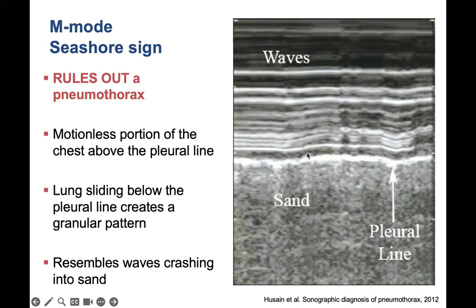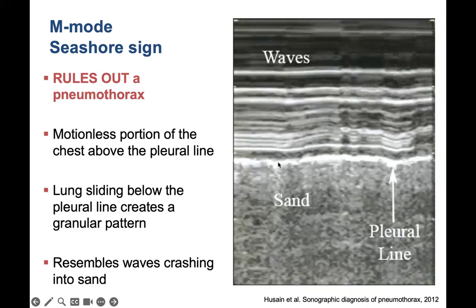So here's my pleural line, and we sometimes call this the seashore sign because it looks like waves on a sandy beach. And what this really is, is that M mode or motion mode is going through the motionless part of the chest above the pleural line. So you don't see any movement, you just see these straight lines.